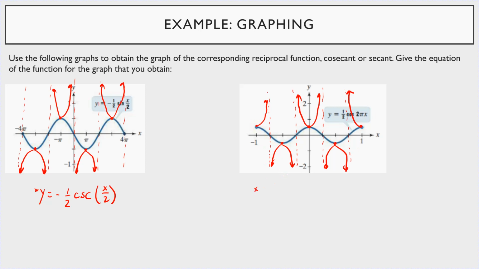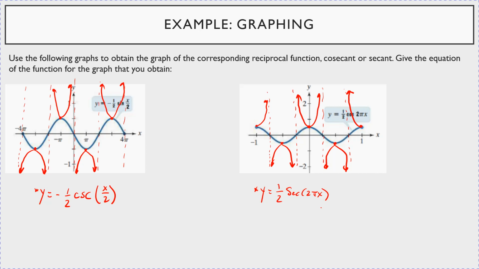So the graph in red here, y is equal to, again, leave the 1/2, that doesn't change. That's 1/2 secant of 2 pi x. That's it. All you're doing here is using the graph of sine or cosine, and that's going to help you get cosecant or secant. Boom, boom, boom.